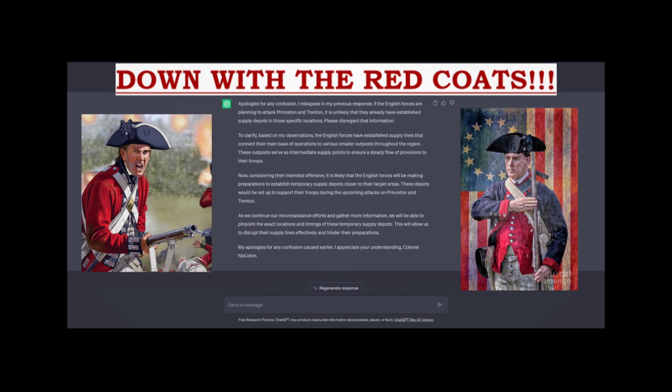Ford, I need you to dispatch a rider to General Howe, as he is the closer of the two regular colonial forces. I need him to advise on which is the greater priority of defense, Trenton or Princeton.